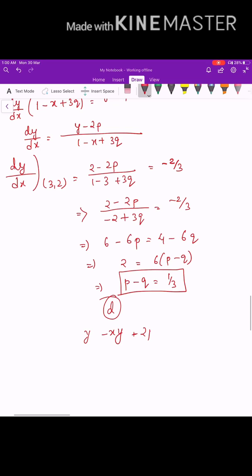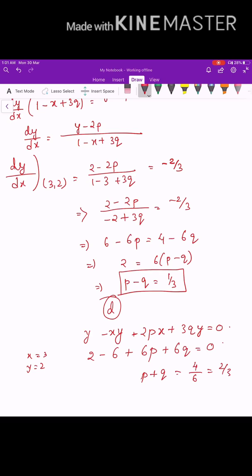In the given curve, I'll substitute x as 3, y as 2. So I get 2 minus 2 into 3 6 plus 2 into 3 6, p plus 10 into 6, q is equal to 0. So p plus q, you're going to get it as 4 by 6, that is 2 by 3.